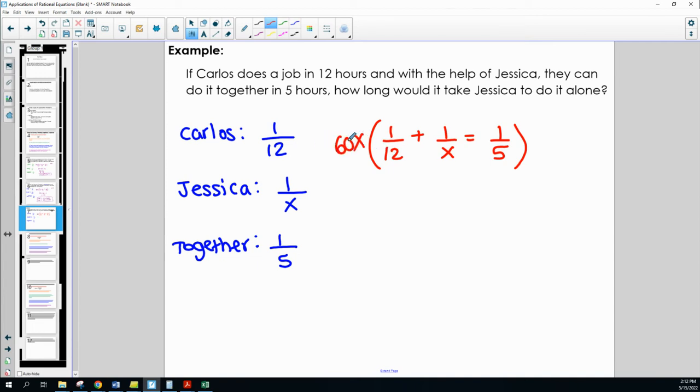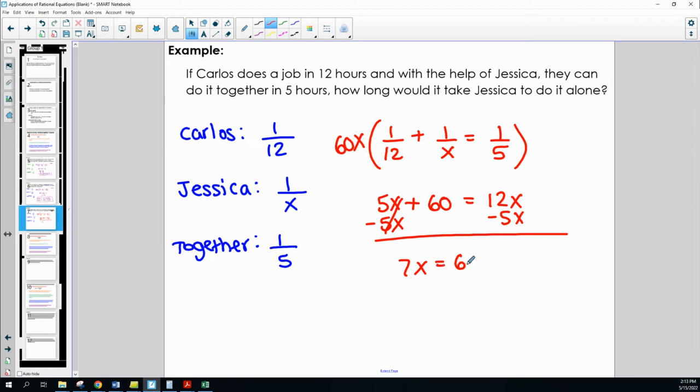So if I take 60x and I multiply it to 1 over 12, I will get 5x. 60x times 1 over x is going to give us 60. 60x times 1 over 5 is going to give us 12x. So here, if we get our x's on the same side, we can subtract the 5x. So 7x is equal to 60.